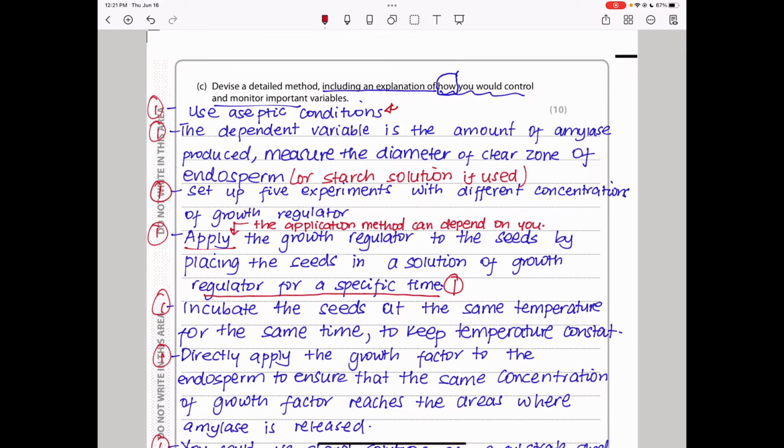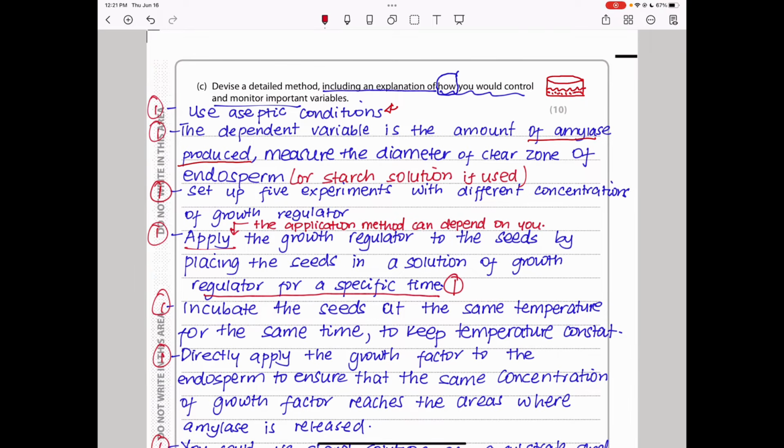So the dependent variable is the amount of amylase produced. This is the thing you measure. And how are we going to measure the amount of amylase produced? We could use a Petri dish, and in this Petri dish, we could put a starch agar. So there is starch and agar mixed together.